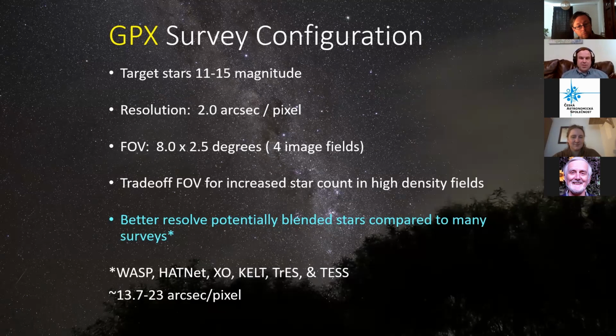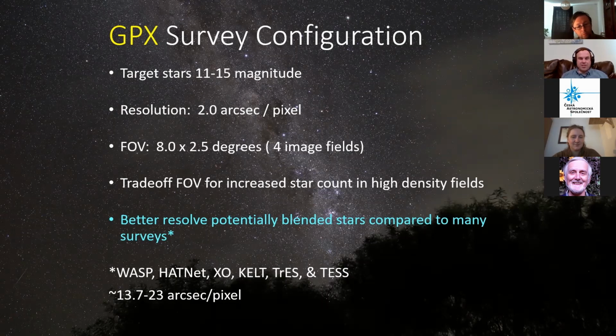From a science point of view of this survey, what we tried to do is, with better resolution compared to the ground-based surveys, maybe we can see something that other surveys may not, because maybe there's something there that would otherwise be blended.